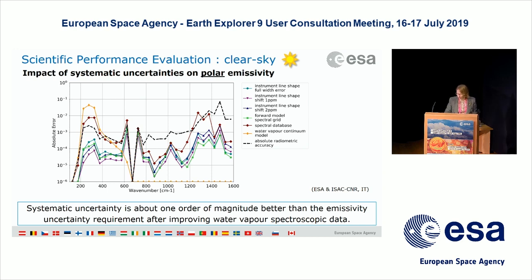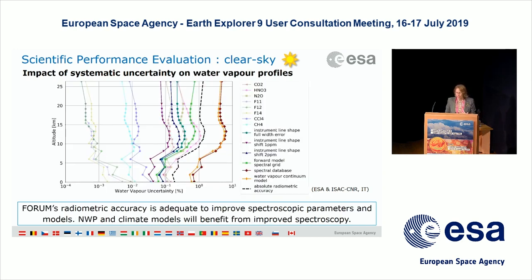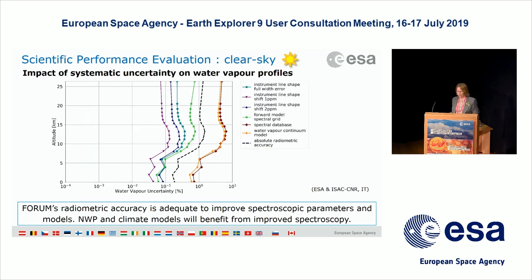And this figure then shows the same plot, but for the water vapor profile. So now the uncertainty is on the X range, so it's in percent. And here's the altitude. Again, if we remove the trace gases, we have here again the absolute radiometric accuracy line, and then we have these two lines for the spectral database and the water vapor continuum at quite large values.